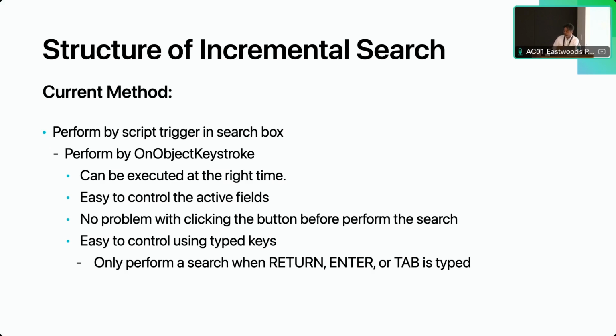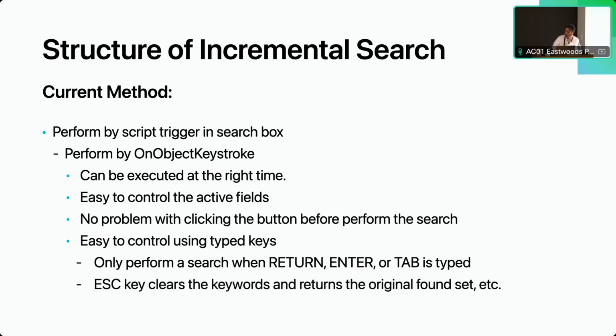In addition to pressing the cross button to clear the search results, it is also possible to make it flexible, so that when the escape key is typed, it clears the keywords in the same way as when the cross button is pressed. As we can see, after a lot of twists and turns, I am currently using onObject keystroke for this kind of movement, and so far I have no complaints.